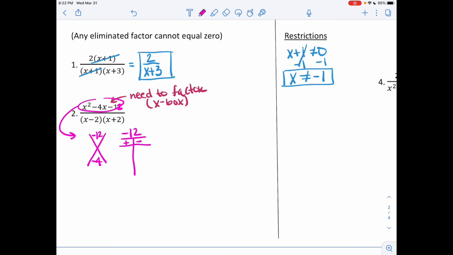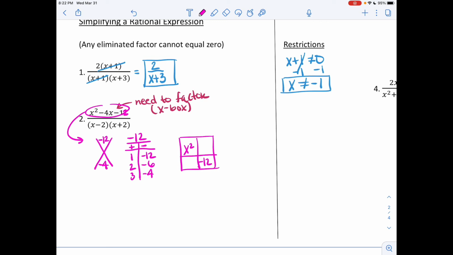My bigger number needs to be negative, so I'm going to say 1 and -12, 2 and -6, 3 and -4. Let's take that over to a box with x squared here, -12 here, and I need, let's see, 2 and -6.